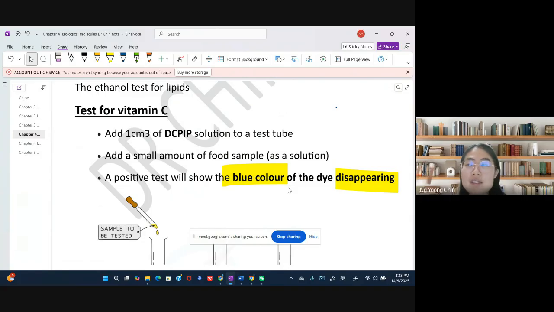If it requires a very long time, it has a very low concentration of vitamin C.